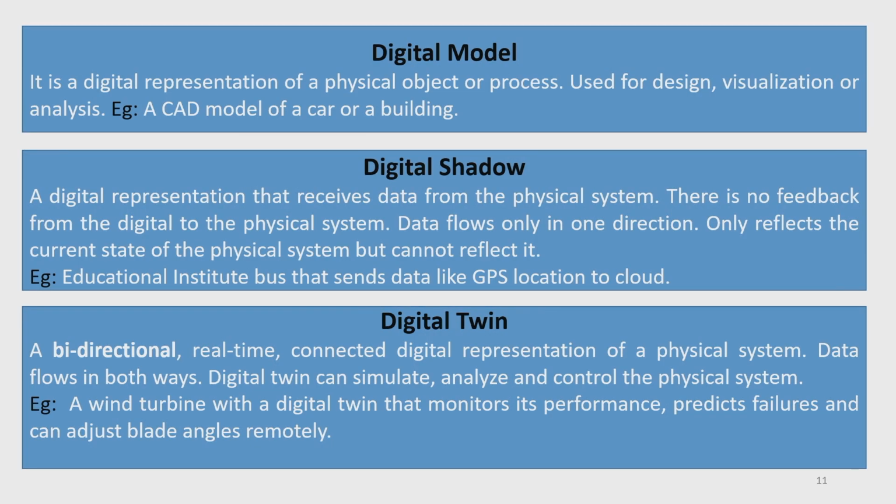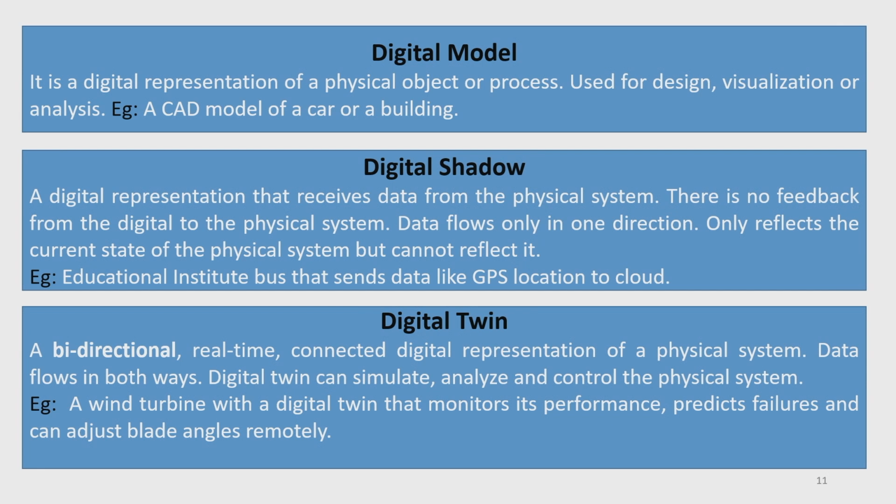So a digital model is a digital representation of a physical object or a process used for design, visualization or analysis. For example, a CAD model of a car or a building, a computer aided design model. A digital shadow is a digital representation that receives data from the physical system. There is no feedback from the digital to the physical system.